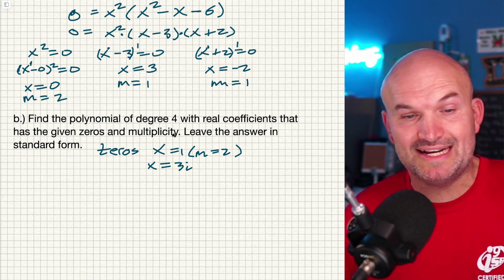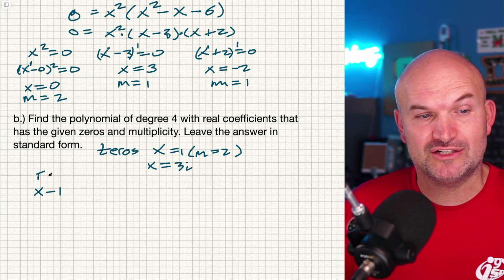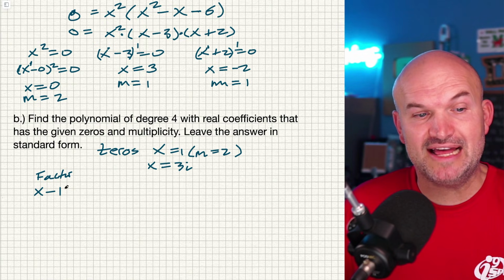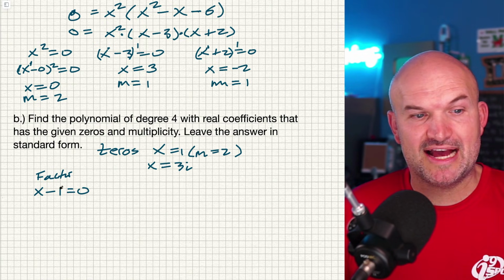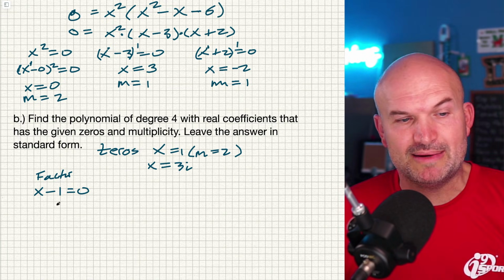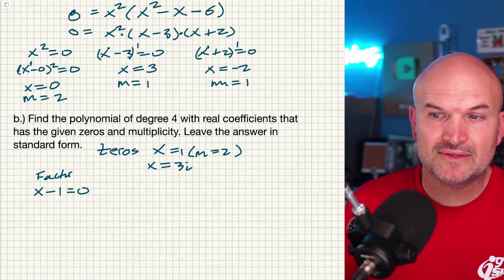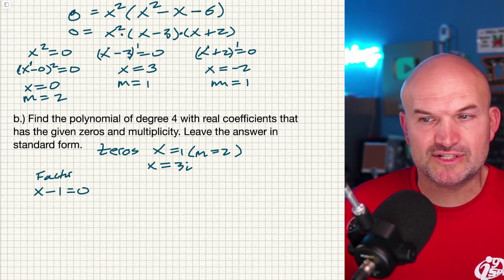So if 1 is a zero, that means x minus 1 is going to be a factor. We can set that factor equal to 0, x minus 1 equals 0, and if you add 1, you get x equals 1. But remember, it had a multiplicity of 2. Now, we're not setting it equal to 0 because we're not solving.